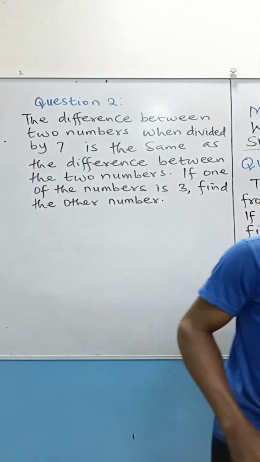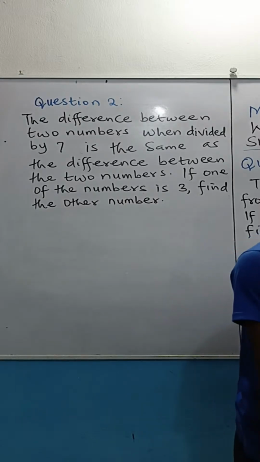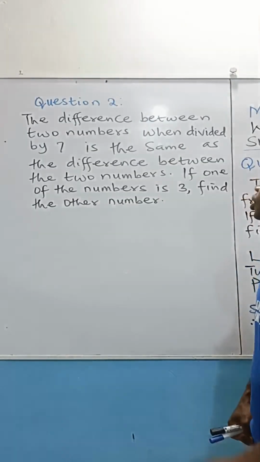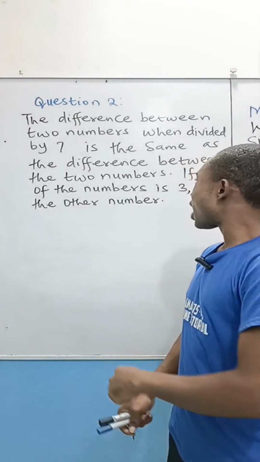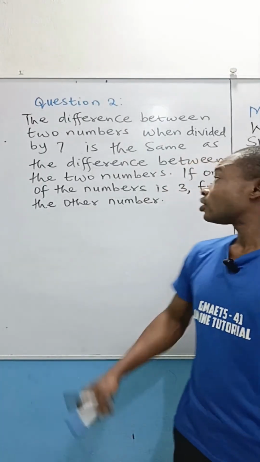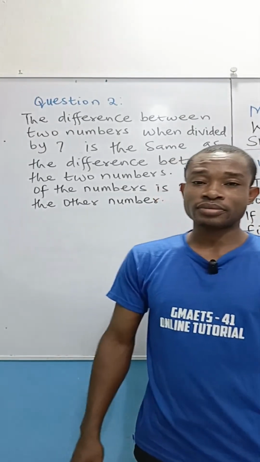So that is the question. So we're going to solve it. The difference between two numbers when divided by 7 is the same as the difference between the two numbers. If one of the numbers is 3, find the other number.